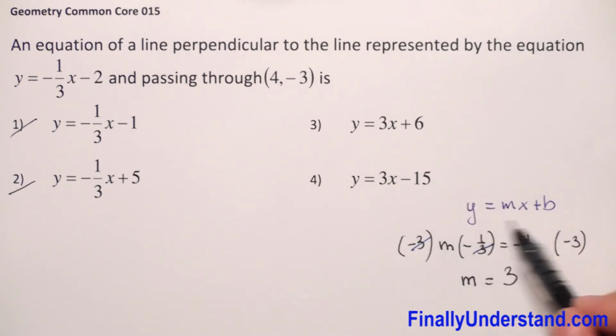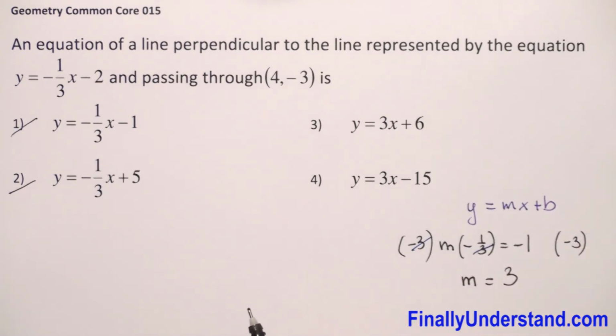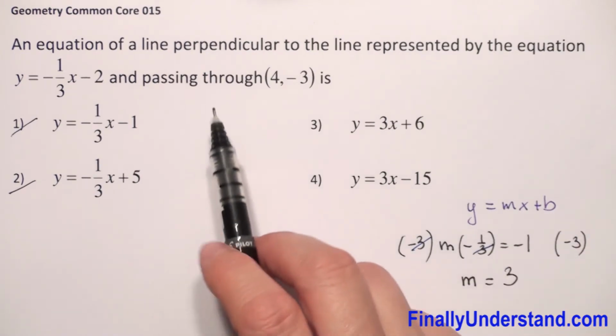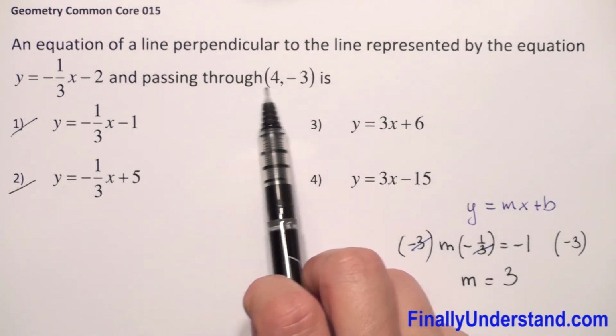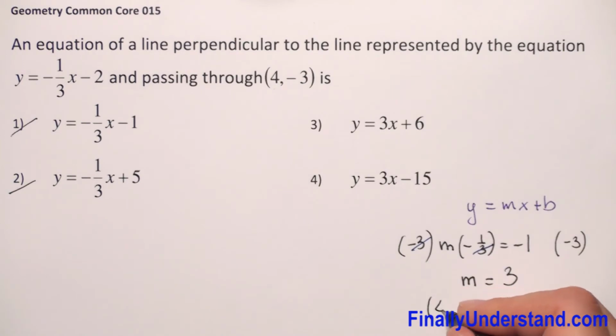To find the equation of our line, we have to find the b. B is the y-intercept. We have also been given that this perpendicular line passes through the point (4, -3). Because this line passes through this point, this is our x coordinate, this is the y coordinate.